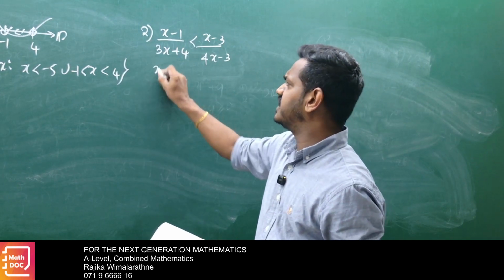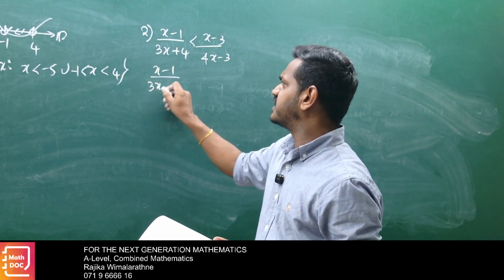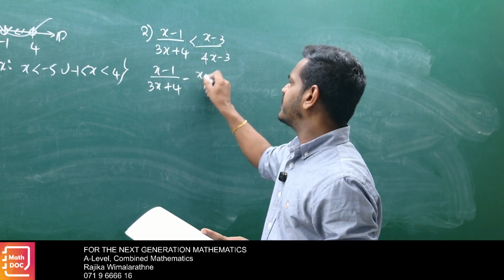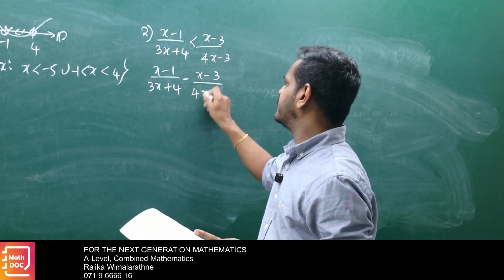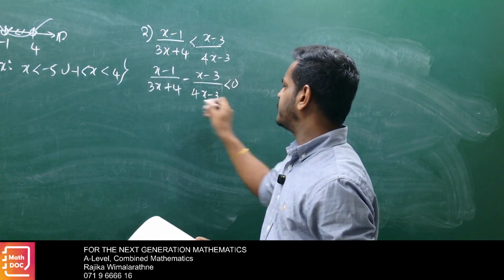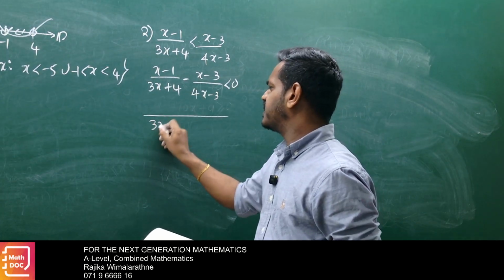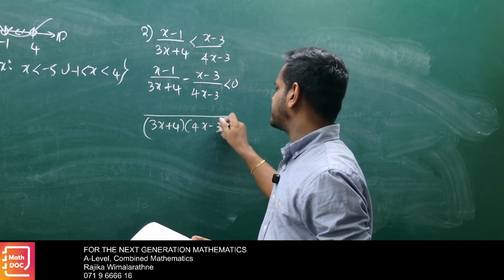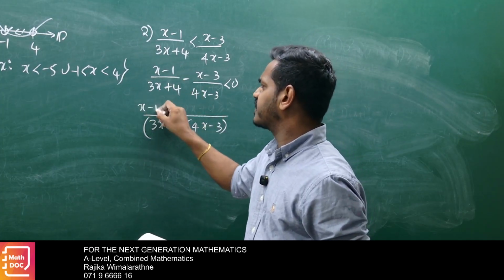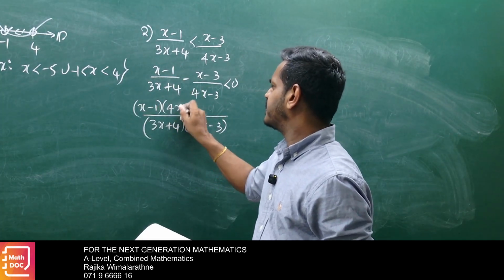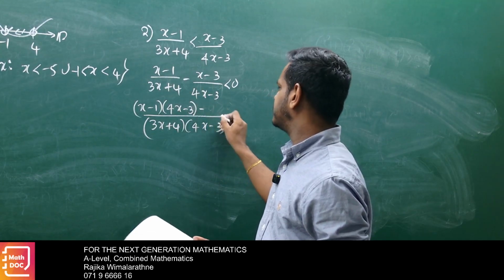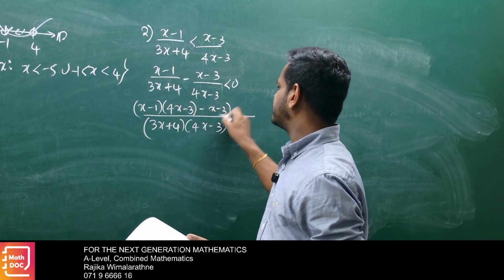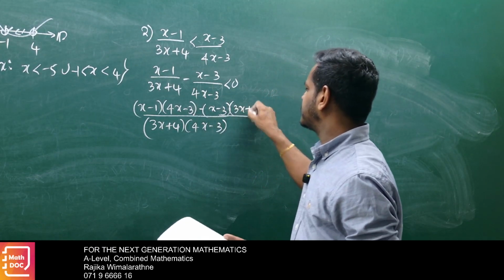Take this on the other side: x minus 1 over 3x plus 4 minus x minus 3 over 4x minus 3 is less than 0. Get a common denominator, 3x plus 4 and 4x minus 3, and cross multiply: x minus 1 times 4x minus 3, minus x minus 3 times 3x plus 4.